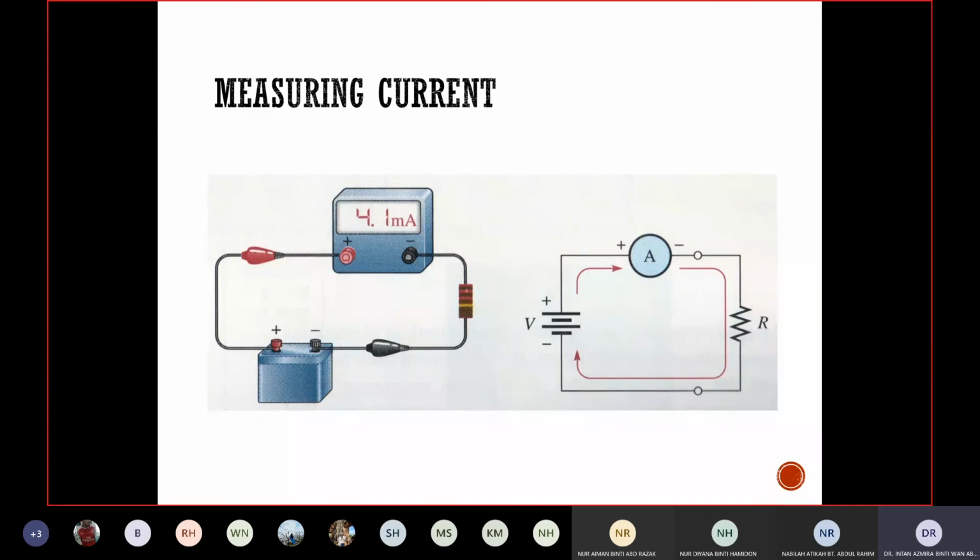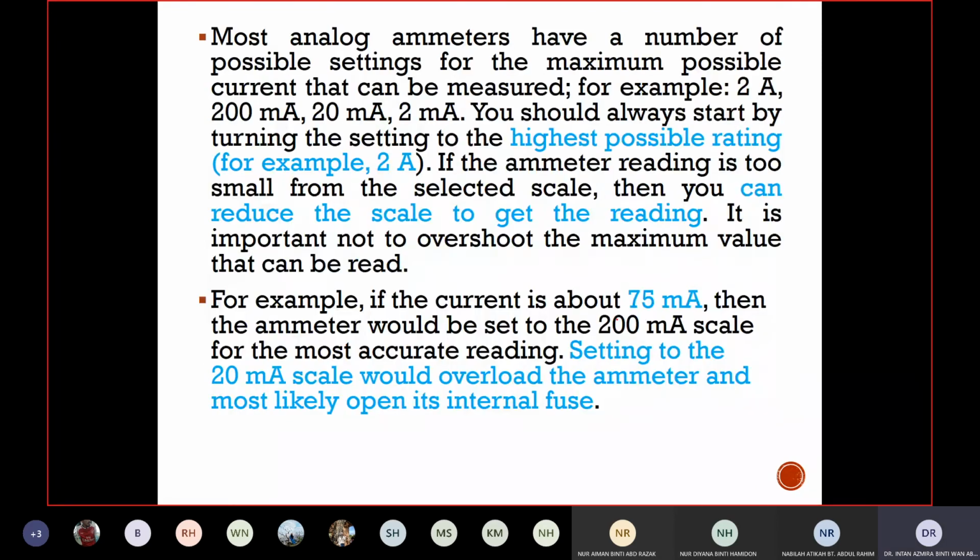Let's say we want to measure the current flowing through this resistor or this circuit. We put the ammeter in series with the resistor. This is the circuit representation. Most analog ammeters have a number of possible settings.